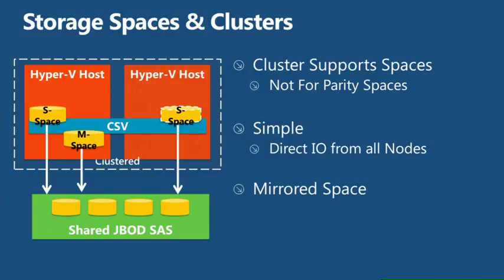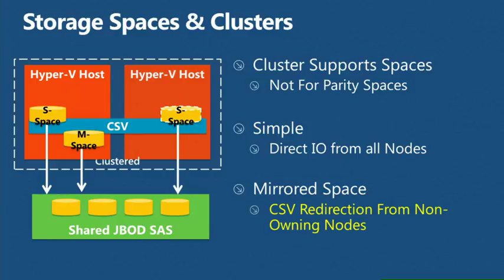Mirrored has got a gotcha. From the primary owning node, each space has got an owning node, you have direct access. But when you try to access that particular mirrored space from a different node that's not the owner, you get CSV redirection, right? So it's presented through the CSV layer, but storage traffic is redirected through the CSV layer to the owning node.